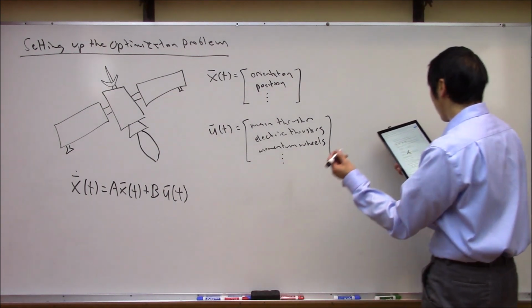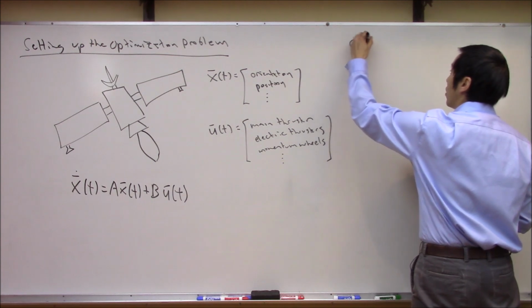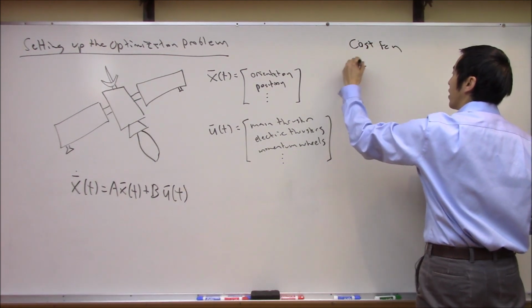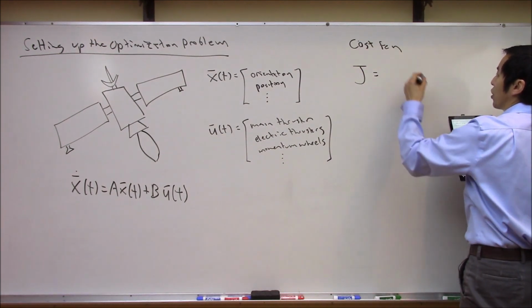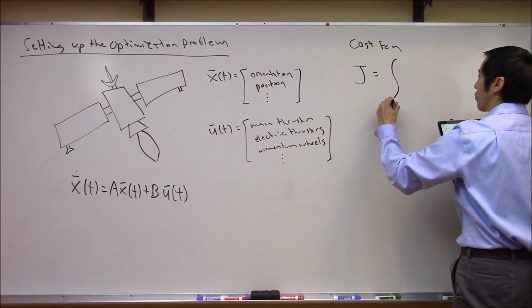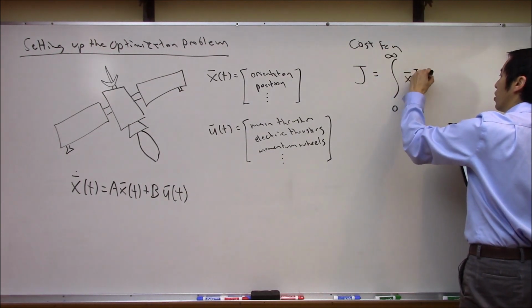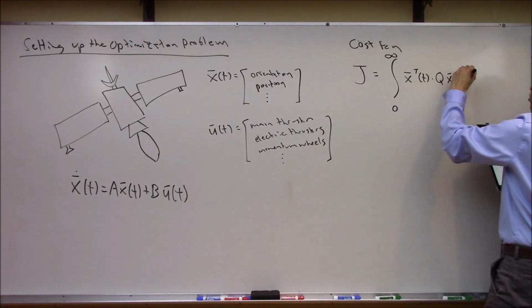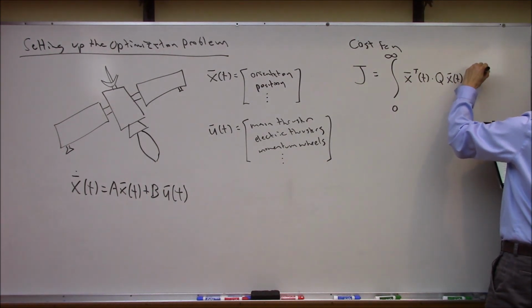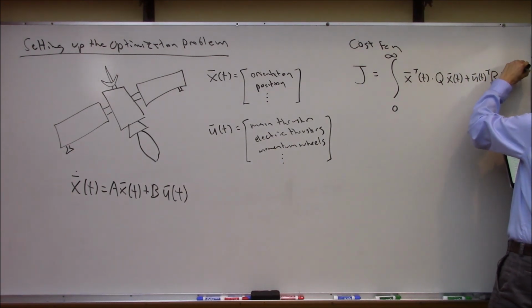The optimization problem is, let's consider a cost function. Let's just call this J like we did earlier, and we're going to propose this cost function. It's going to be the integral from time 0 to infinity of x transpose Q x plus u transpose R u dt.